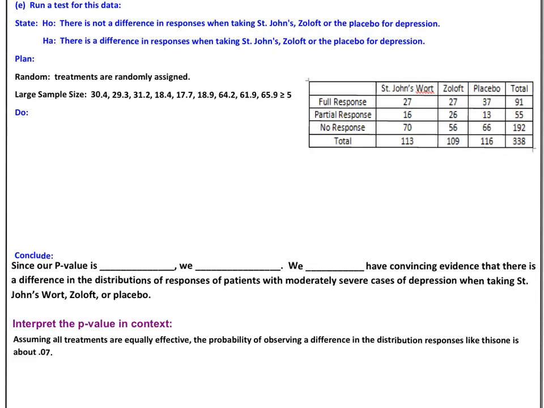All right, so here is what the test would look like. There's H0 and HA. H0 says in the responses that there's no difference. HA says that there is. Just like goodness of fit, it doesn't speculate at all as to how they're different, just that they are.